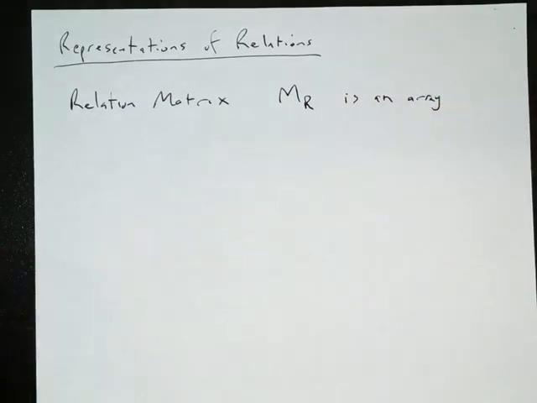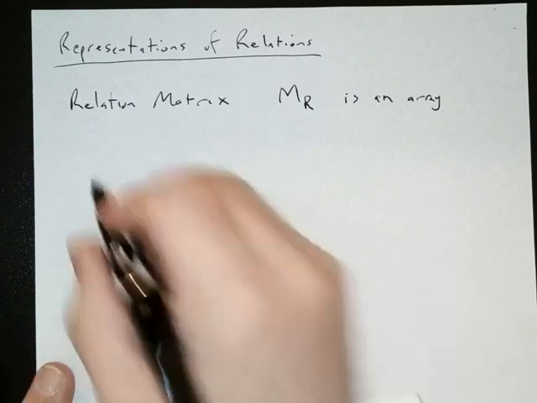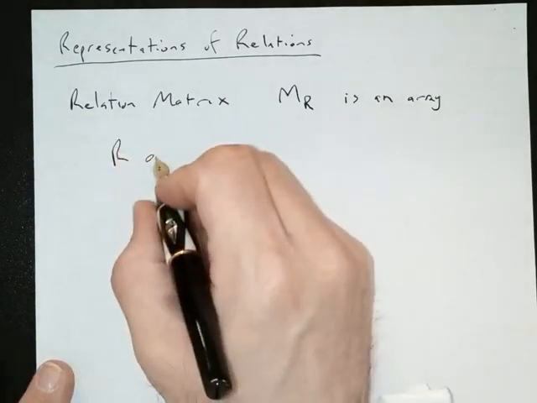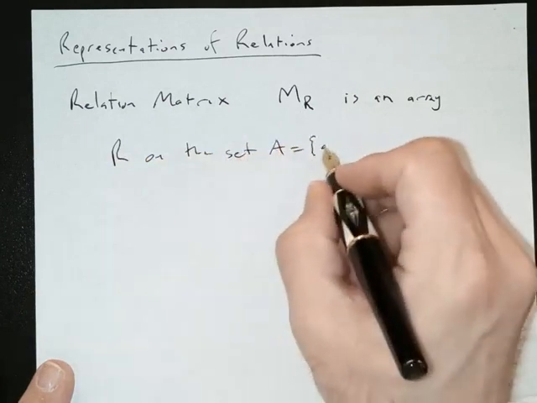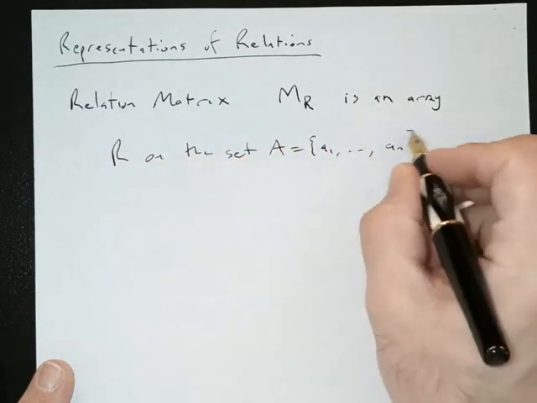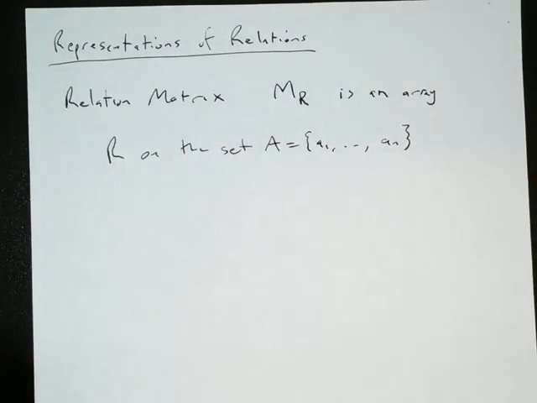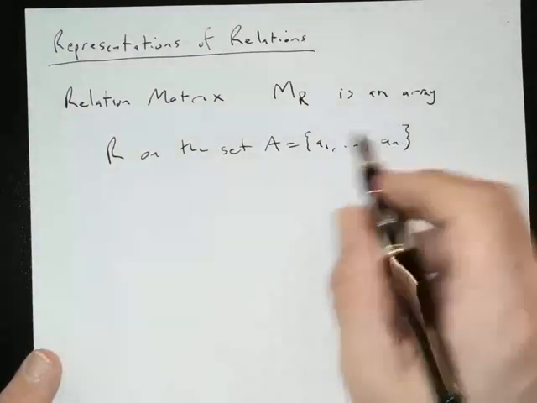Now, if we have a set and we are looking at a relation on the set A, A has a certain number of elements, whatever the cardinality of A is, call it N for the moment. Then I have a set of ordered pairs consisting of elements here.